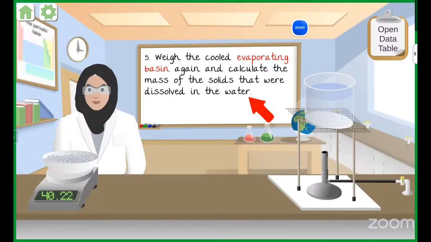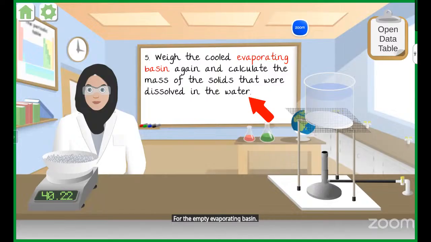Now, we measured the weight of the empty evaporating basin, and we got 39.25 for the empty evaporating basin.